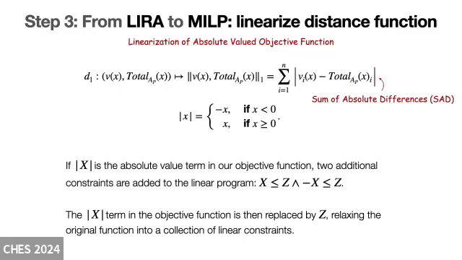However, ABS function is not linear, thereby we cannot encode the objective function for an MILP solver. But we use a technique to encode ABS-based objective function in such a way that an equivalent feasible solution can be described by splitting the constraints into two, relaxing the original function into a collection of linear constraints.